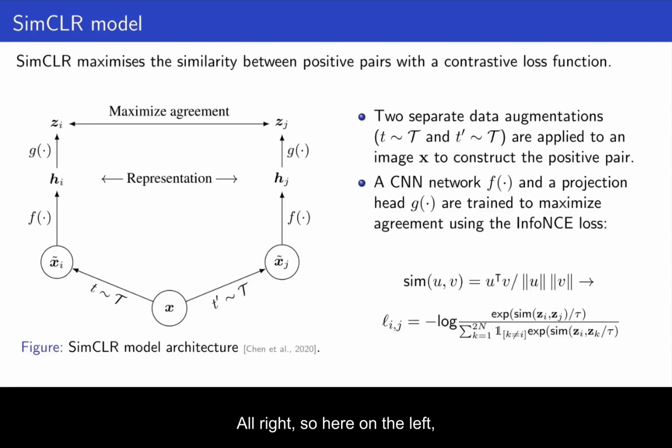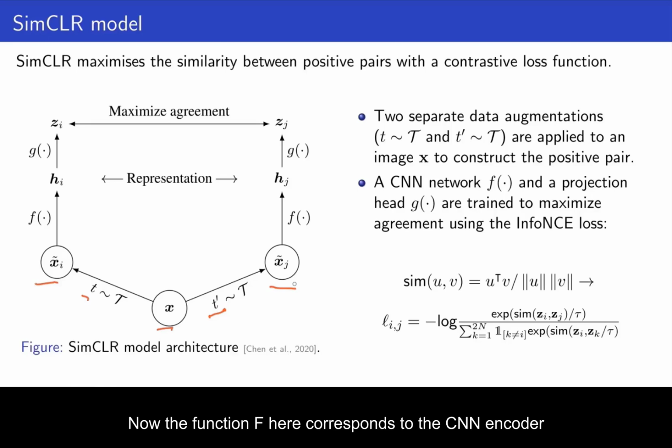Alright, so here on the left we see another visualization of the model's architecture that we just learned, the SimCLR model. So now the original image is denoted as X. X is independently augmented two times with T and T prime, which are randomly sampled augmentations from capital T, resulting in x_i and x_j.